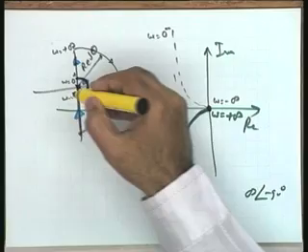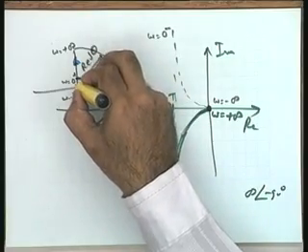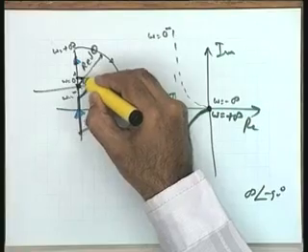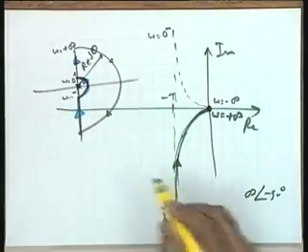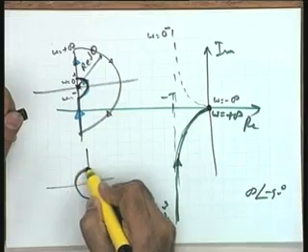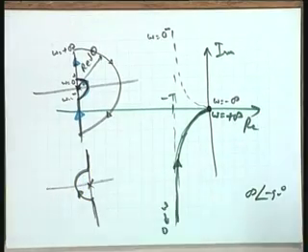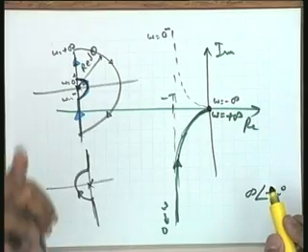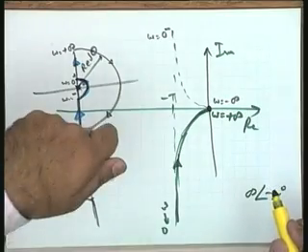So if there is an open loop pole on the imaginary axis, the Nyquist contour is given by this, where this is a semicircle. You see that there will be absolutely no problem if the detouring is done this way. The only thing is you will have to suitably apply the Nyquist stability criterion.